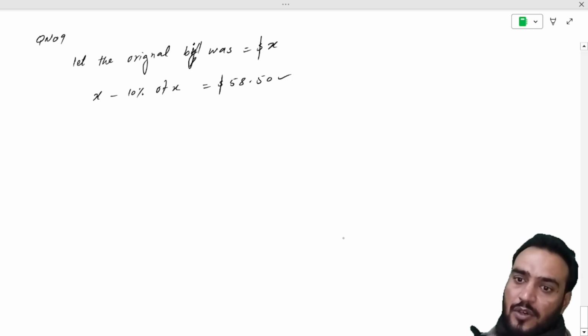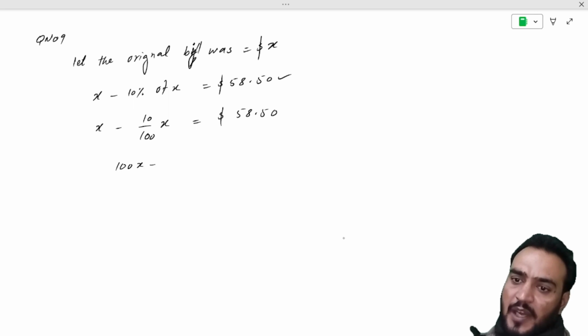So it means x minus 10 over 100 times x is equal to 58.50. It means 100x minus 10x over 100 is equal to 58.50.